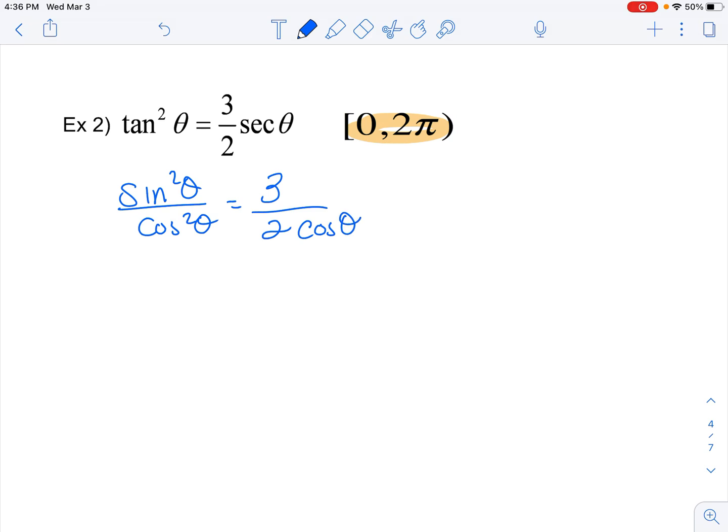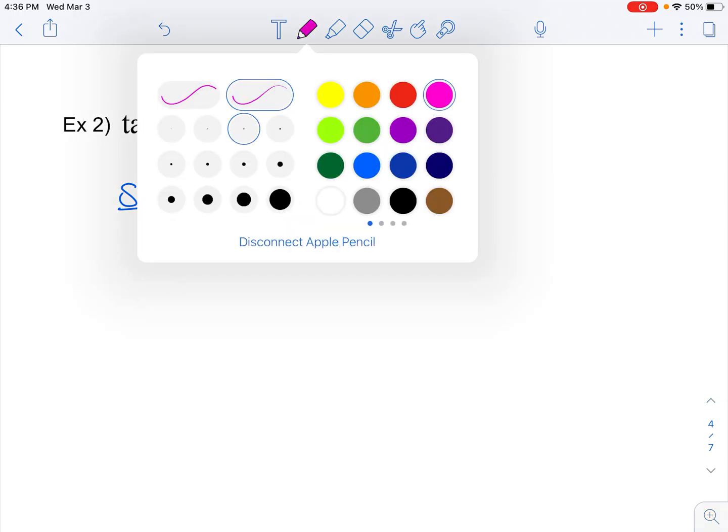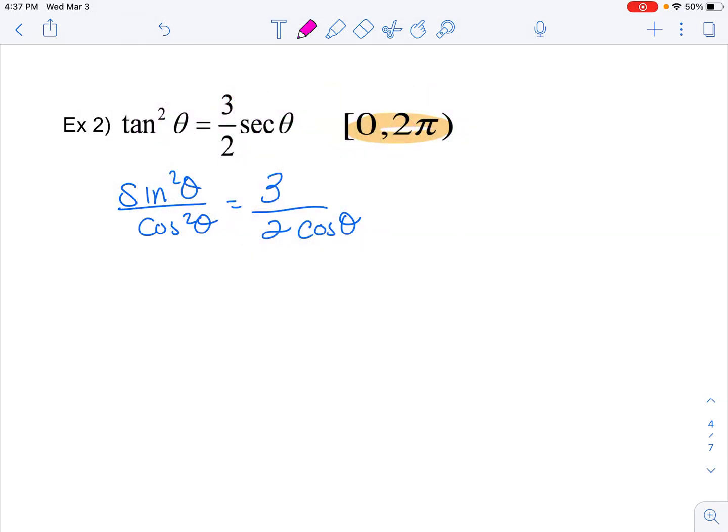So one of the things that we can do is multiply or divide both sides by the same thing. So our common denominator here would be a 2 and a cosine squared. So I want to multiply both sides of this equation by 2 cosine squared.